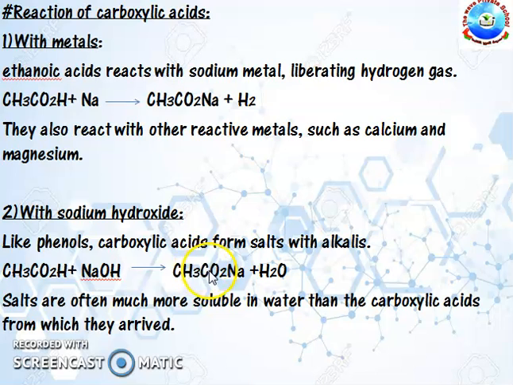They are often much more soluble in water than the carboxylic acid from which they are derived. So got it? When carboxylic acid reacts with sodium hydroxide, they give water and salts which are more soluble in water than carboxylic acid. Let us proceed next.